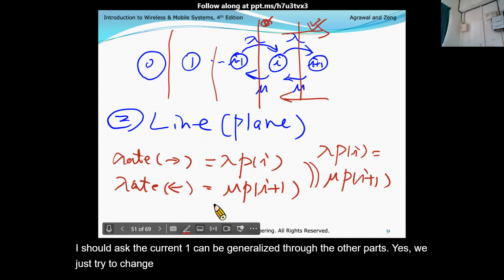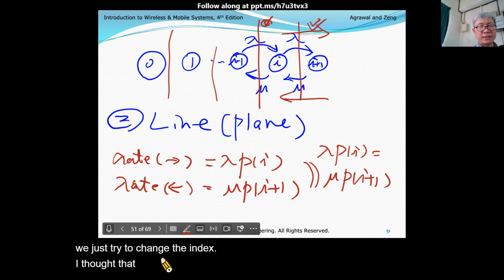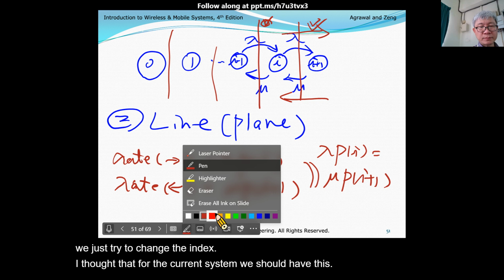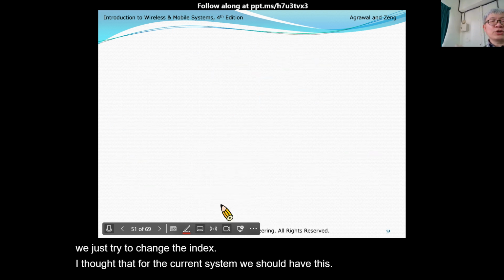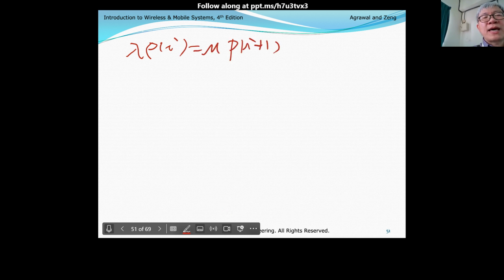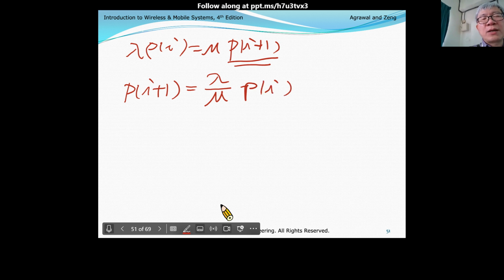And so for the current system, we should have this. Right now we have lambda P_i and mu P_{i+1}. Actually, we focus on this: P_{i+1} is equal to lambda over mu times P_i.